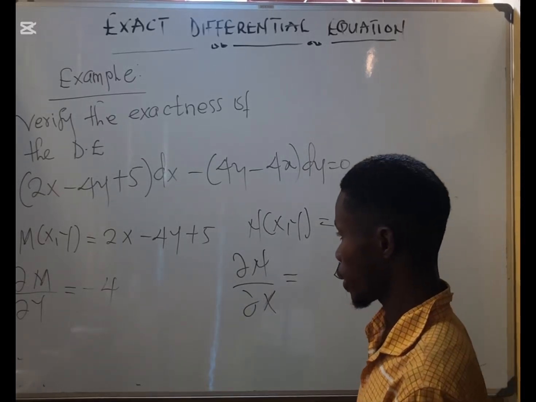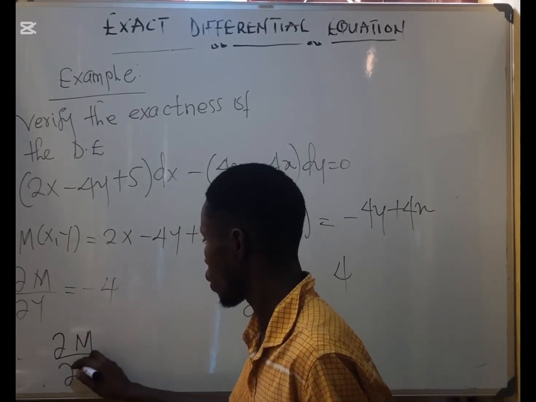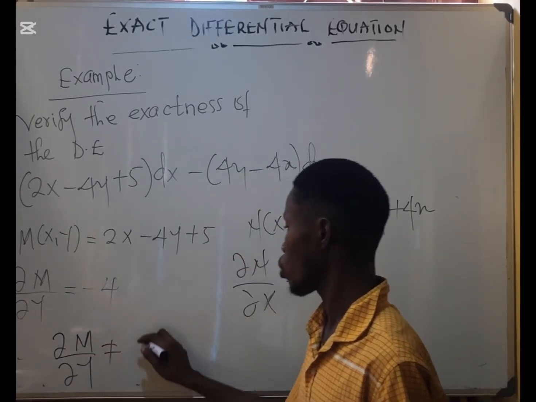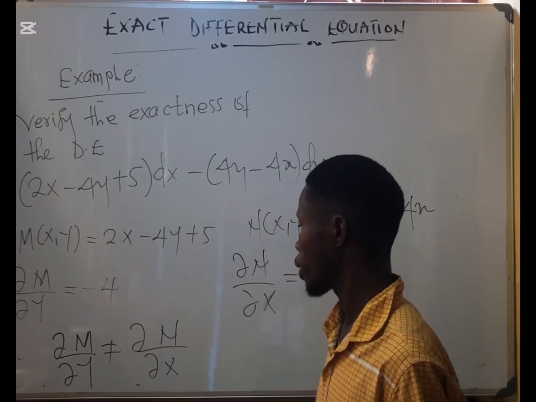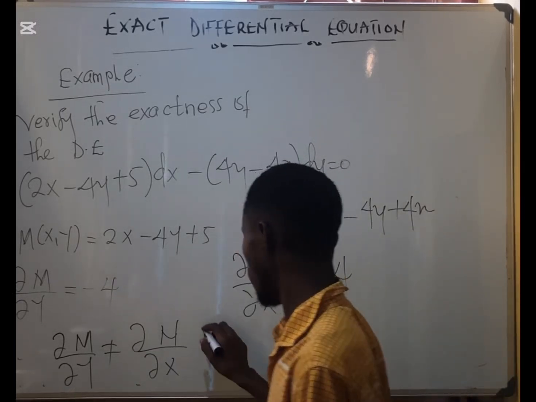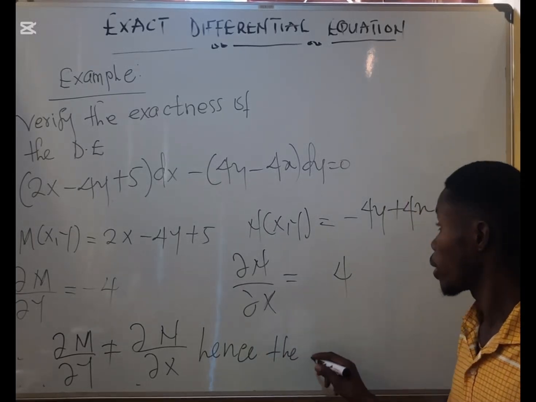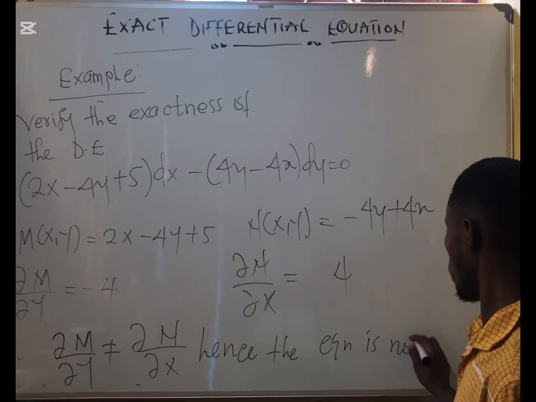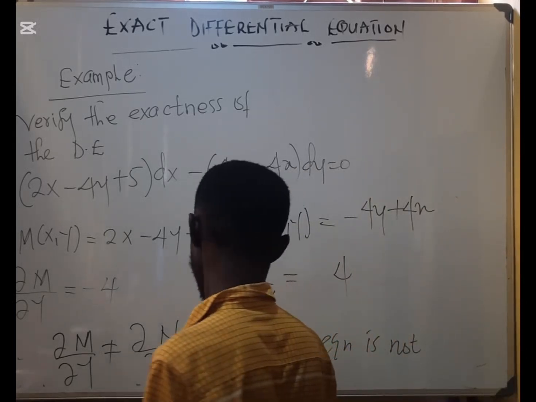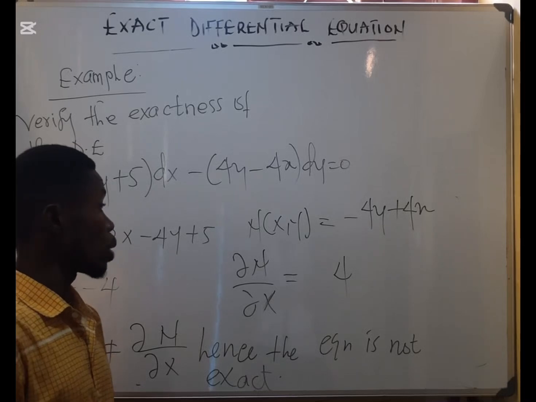You realize that delta M delta y is never equal to delta N delta what? x. So we can say that hence the equation is not what? Exact. So this one is not exact.